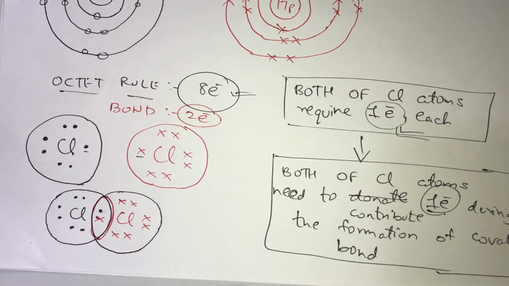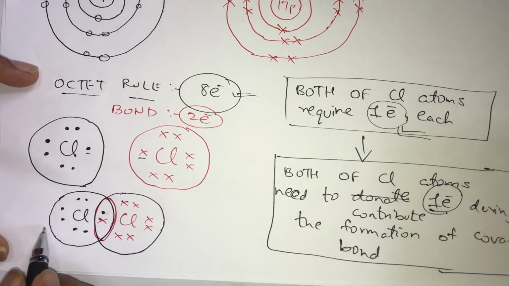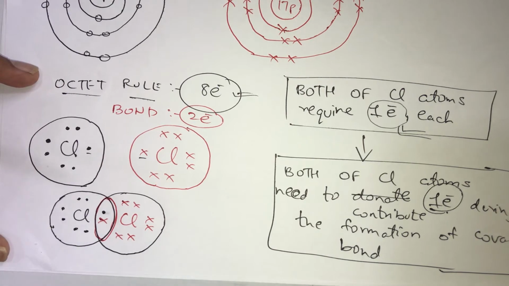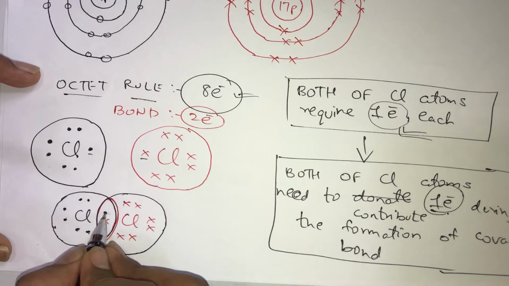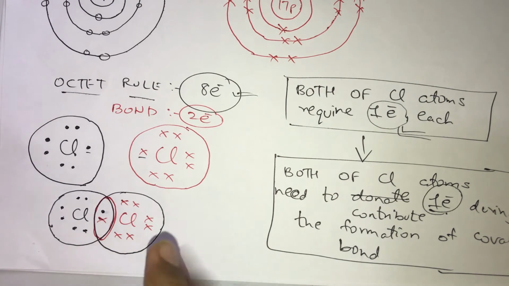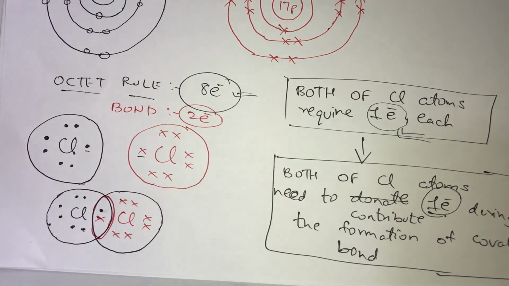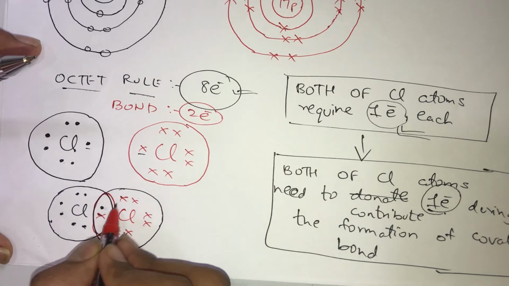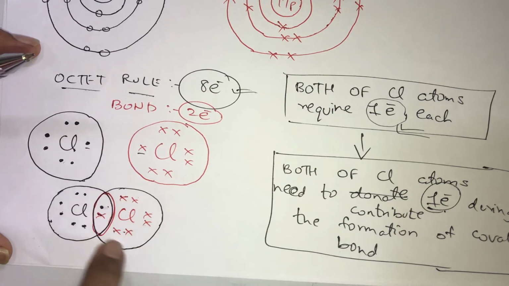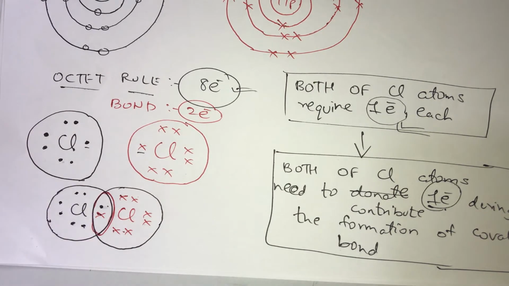So now if someone asks you how many electrons are present in the outermost energy level of this chlorine atom, then you will say 1, 2, 3, 4, 5, 6, 7 and 8. So now there are 8 electrons present in the outermost energy level of this chlorine atom, as well as 8 electrons, 1, 2, 3, 4, 5, 6, 7, 8, in the outermost energy level of this right hand side atom. So let me repeat once again.